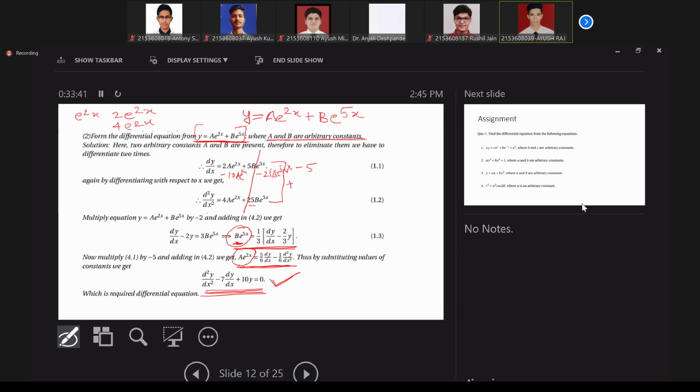There's a mistake in that bracket only. It would be 2 by 3y only. I got the answer. Okay. So that bracket part is there, but the final answer is correct. Yes, ma'am. All right, fine. So this we will just take it off and we'll put it here. And this answer is correct, right? Okay, so that is not an issue then.